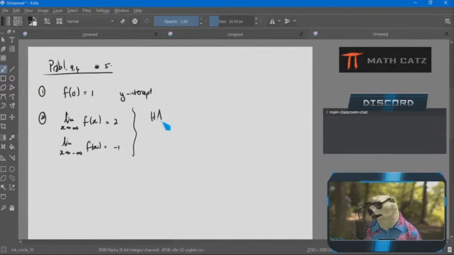So that means I have 2 horizontal asymptotes: y equals 2 on the right, and the line y equals -1 on the left. All right, that's interesting. At this stage, maybe I can get a graph going here. We have enough interesting things to put on the graph.